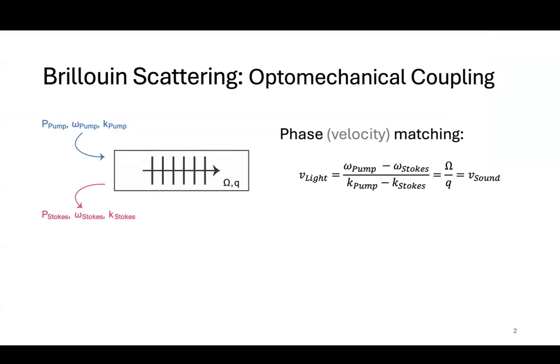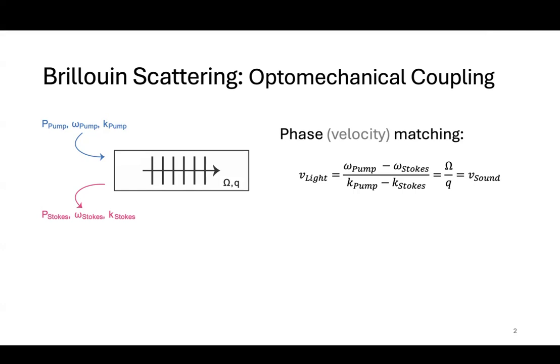The phase velocity of sound needs to match the phase velocity of light. Now, of course, we know even in a material, the speed of light is much faster than that of sound. And so in order to get the speed of light to match that of sound, what we do is we let a second optical field called the Stokes optically interfere with the pump.